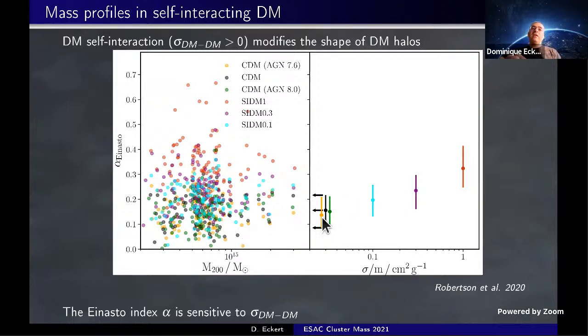Here you can see the mean or median value, I think, and percentiles of each of the runs. You can see that for CDM, even when you change the physics, the alpha parameter is relatively insensitive to that. On the other hand, when you increase the self-interacting dark matter cross-section, the alpha value increases quite significantly. Does that answer your question?